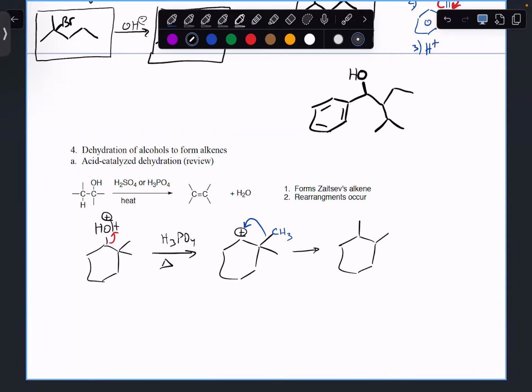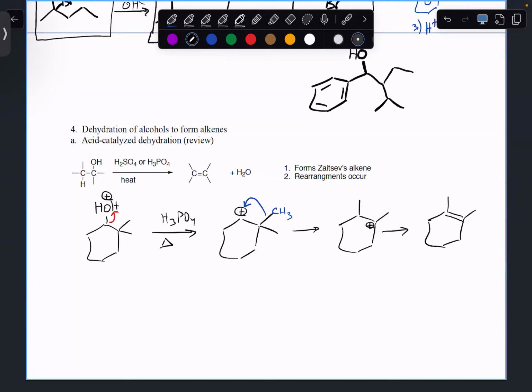And then when the deprotonation occurred, that would be the major product. So again, nothing new there. An E1 mechanism, rearrangement possible.